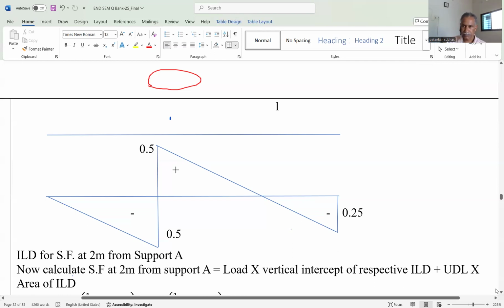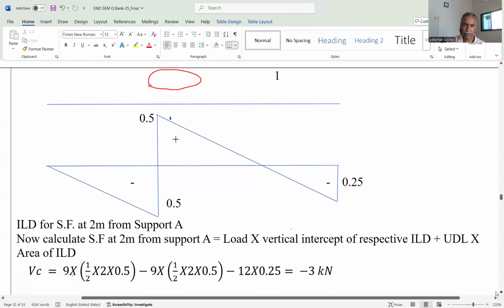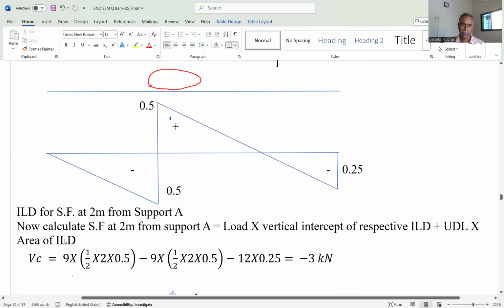In this way we can find the shear force at a distance of 2 meter. The total UDL is there. First we consider the minus, and second the plus. So half into 2 meter into 0.5, that is the area of this triangle, multiplied by UDL intensity 9 kilonewton.